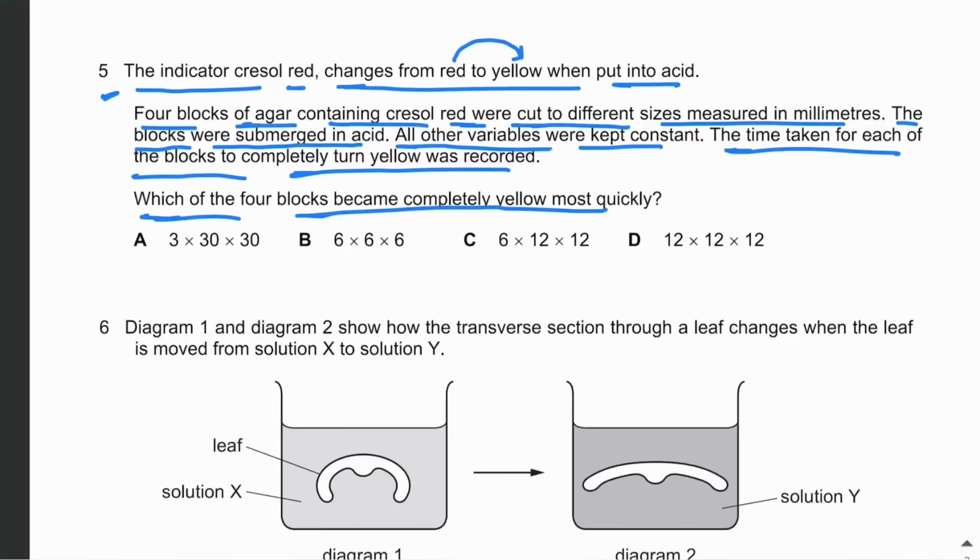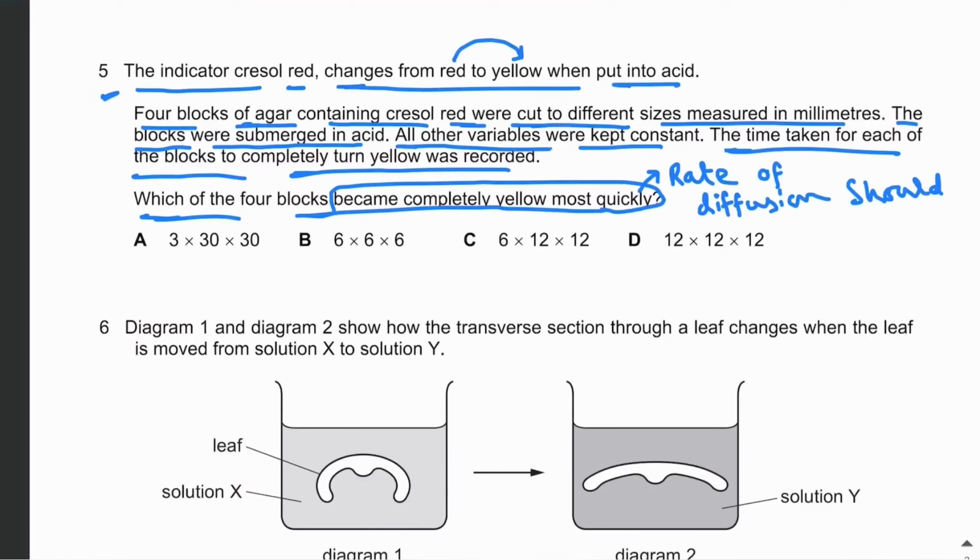Now the time taken for the color to turn yellow was recorded. So they are asking which of the 4 blocks became completely yellow most quickly. If the block has to become completely yellow most quickly, this means that the rate of diffusion must be the fastest, right? Rate of diffusion of what? The rate of diffusion of acid into the block should be fastest, right?